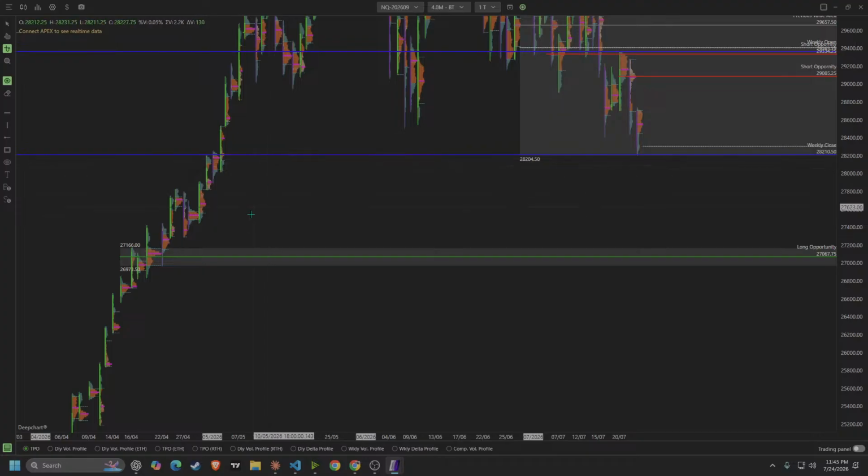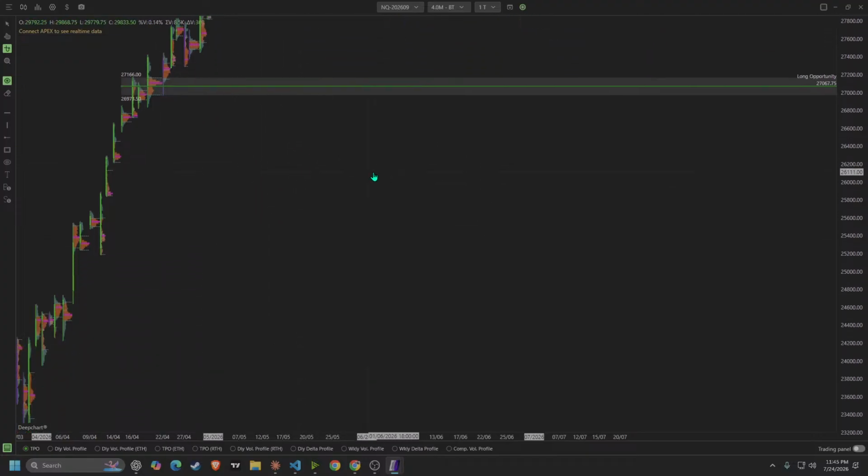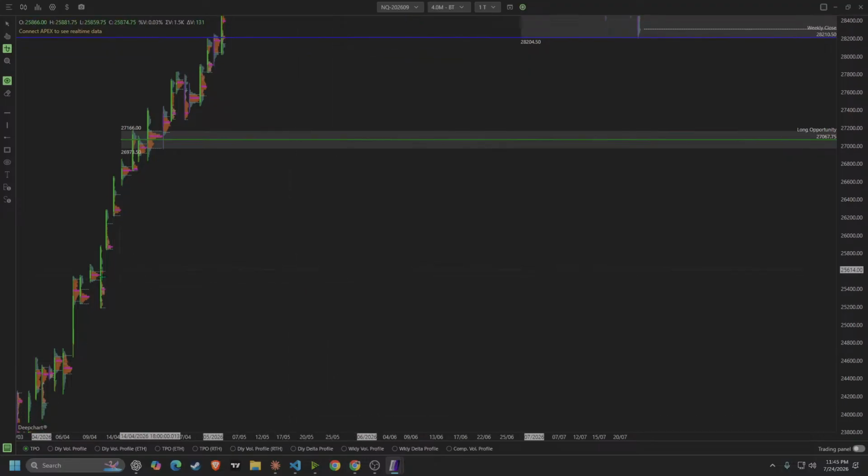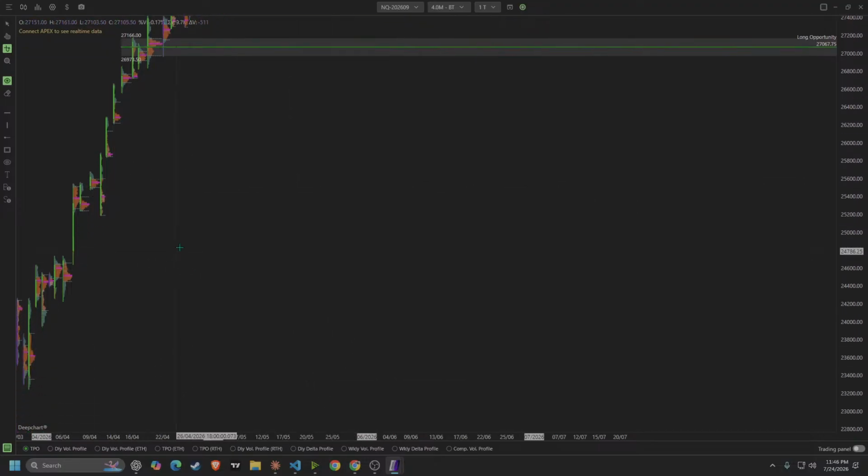So the price is gonna seek a place where there was value. Well, shit, man. This is really all the way down here. I don't know. This is zone.